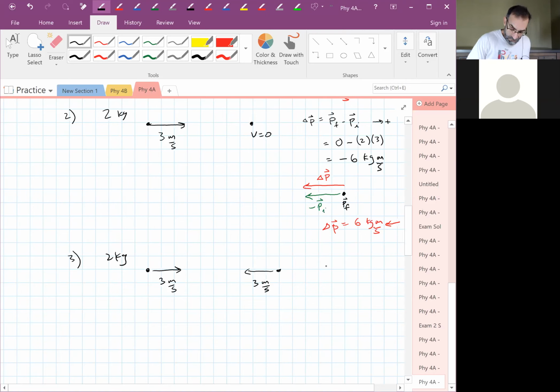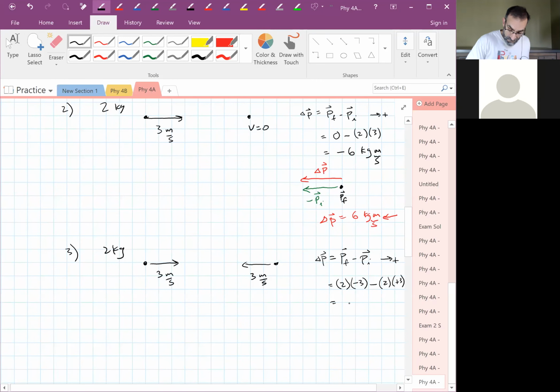First, numerically, we've got our final momentum, which is 2 times a negative 3, and our initial momentum, which is 2 times positive 3. We get a negative 12 kilogram meters per second.